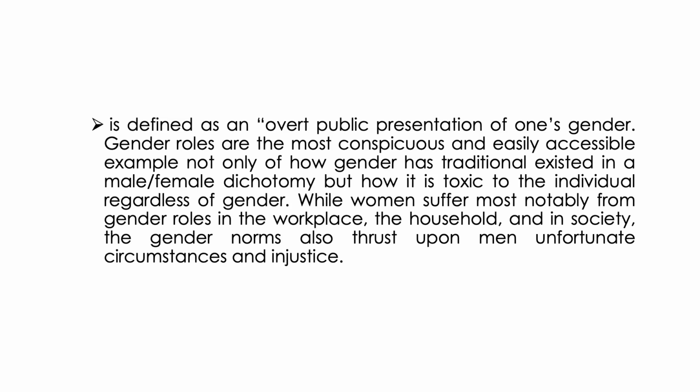Another definition of gender roles is an overt public presentation of one's gender. Gender roles are the most conspicuous and easily accessible example not only of how gender has traditionally existed in a male or female dichotomy, but how it is toxic to the individual regardless of gender.